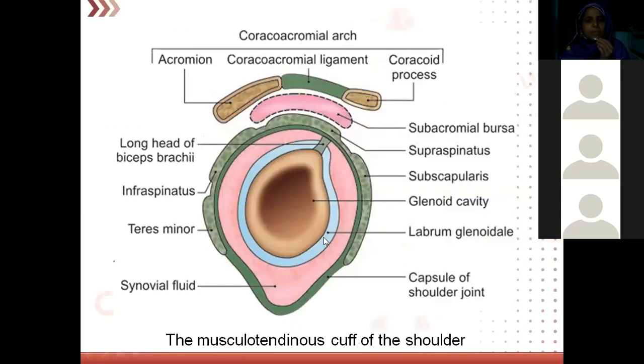So this is the rotator cuff, whatever you are seeing. This is glenoid cavity. This is glenoidal labrum. This point we will discuss again in shoulder joint. This is the fibrous capsule. Over it, you can see the muscles: supraspinatus, infraspinatus, teres minor, and this is subscapularis. Below deltoid, you will have subdeltoid bursa. Below acromion, this is subacromial bursa.